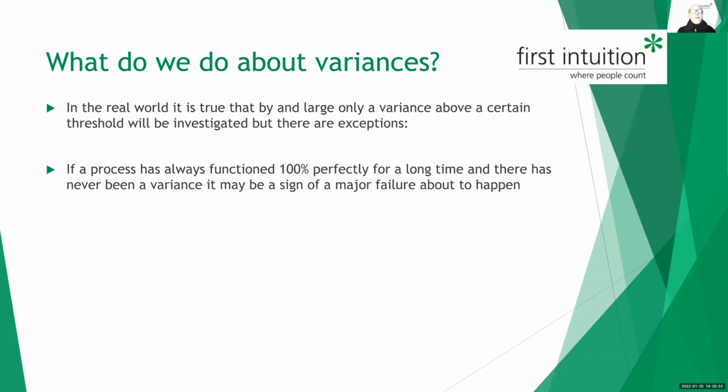Exception number one, in your business, there's a certain process that takes place. Maybe it's highly automated, stuff goes in, robots do this, that kind of stuff. And it's always perfect, and it's been perfect for as long as anybody can remember. Then all of a sudden, there's maybe a 0.3% variance on something.